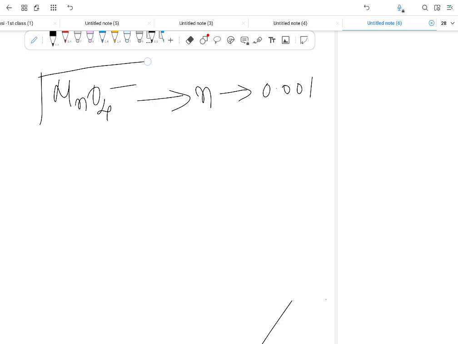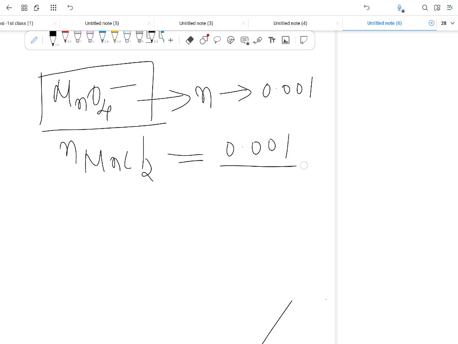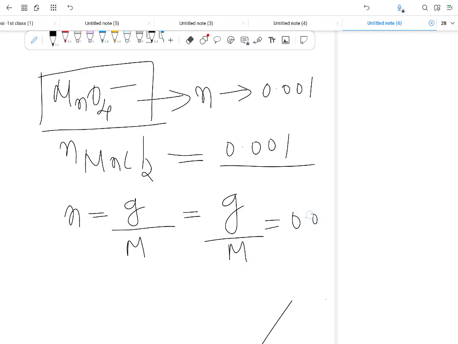If the number of moles of MnO4 minus is 0.001, the number of moles of MnCl2 should also be 0.001. Number of moles is given mass by molar mass, so given mass will be 0.001 into the molar mass.